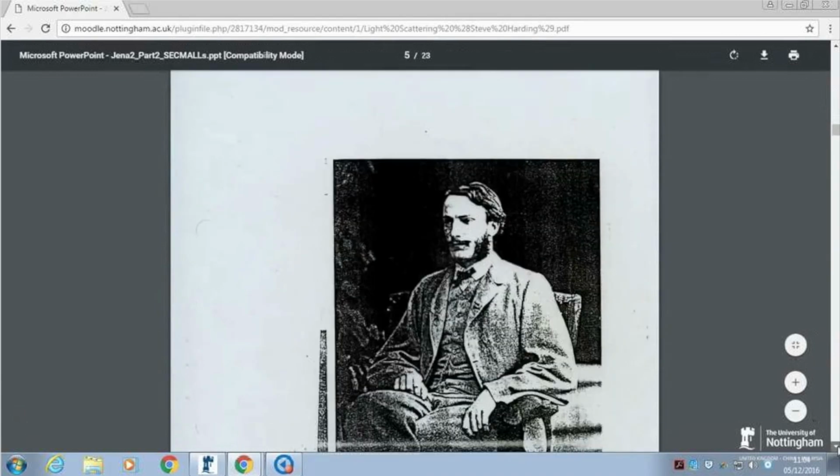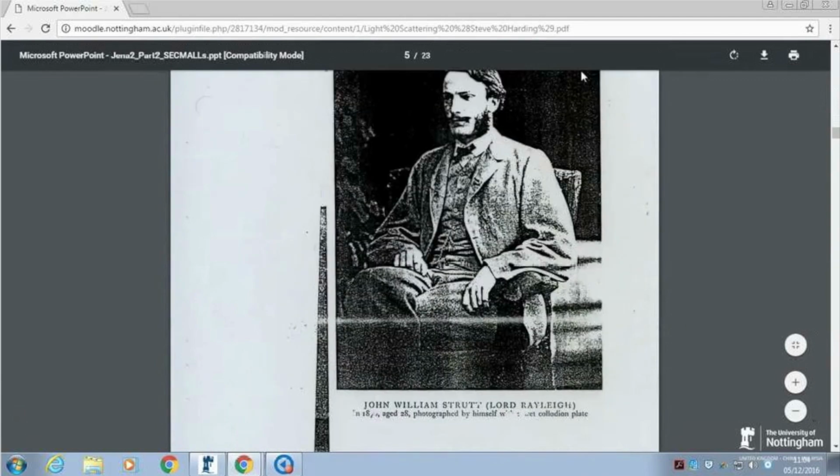So Maxwell is the father of electromagnetic theory, and it was Lord Rayleigh who took Maxwell's theory and applied it to the scattering of light, and was able to show phenomena like why the sky is blue.